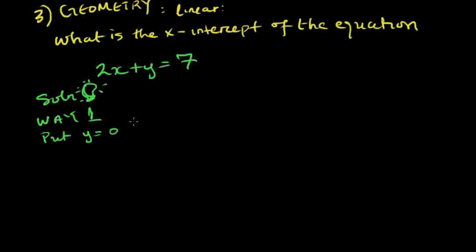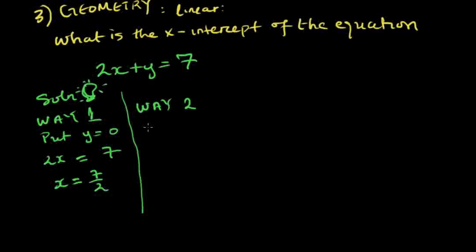So when you put y equal to 0, in order to determine the x-intercept, you get 2x is equal to 7. So x becomes 7 over 2. So this is way 1. This is the x-intercept.